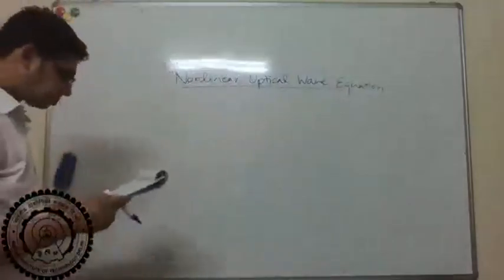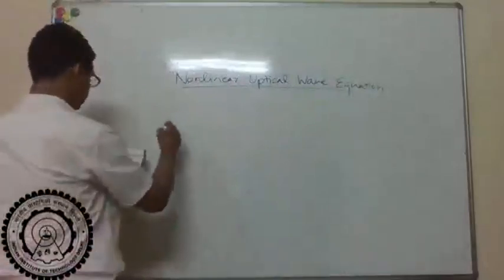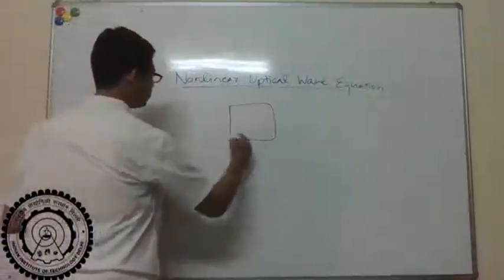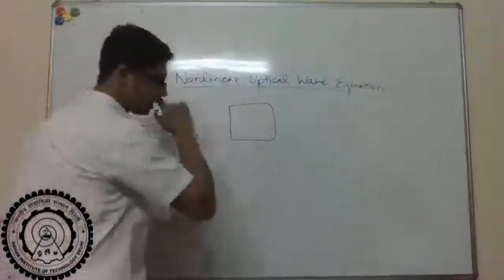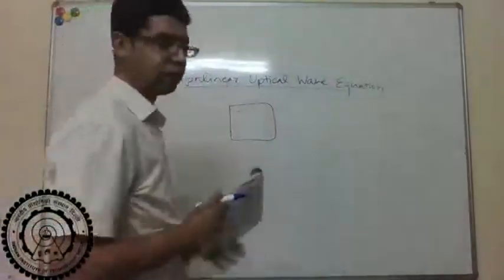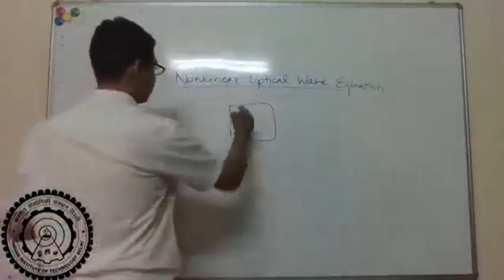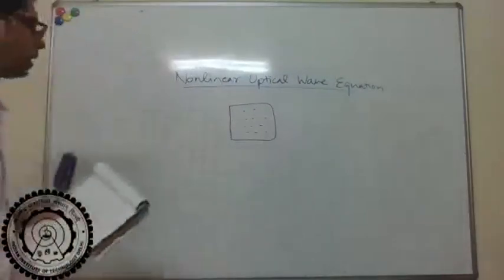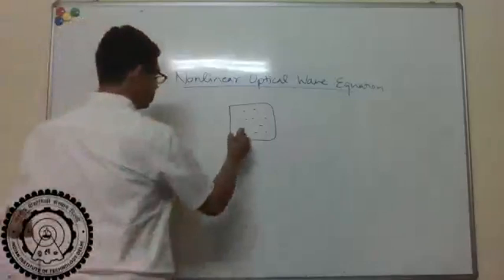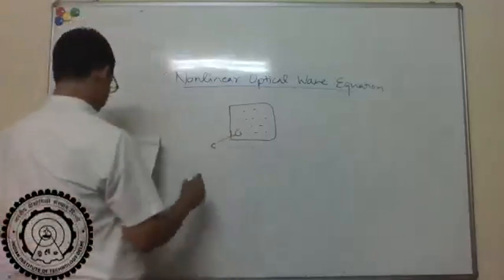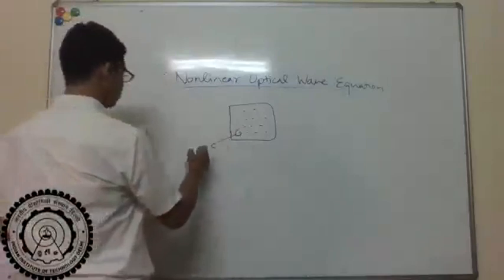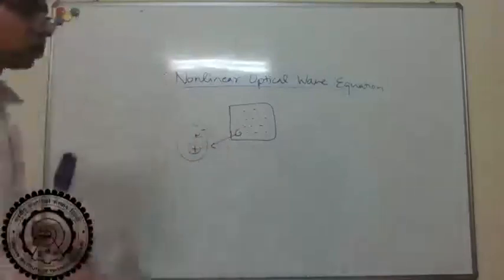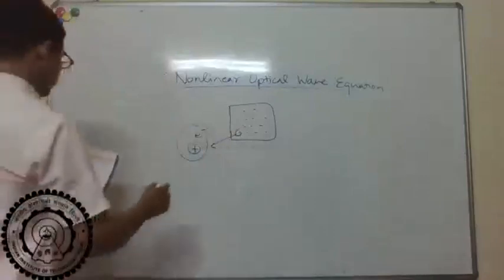Right? So basically what's happening is, I have some medium here, like a piece of glass or whatever nonlinear medium you want to look at, right? And it has atoms arranged within it. So if you zoom into an atom, it looks like some nucleus with some electron cloud, right?